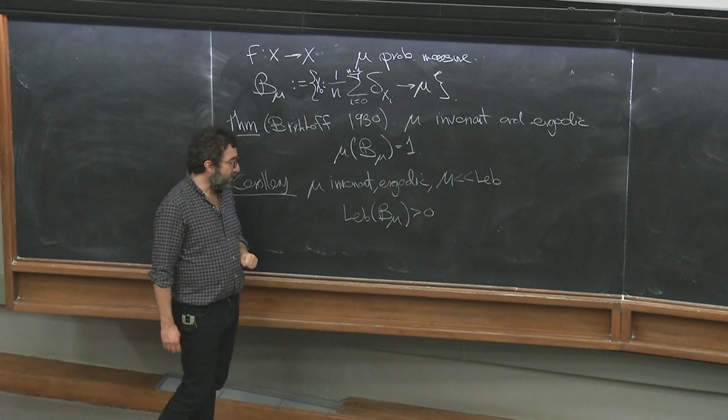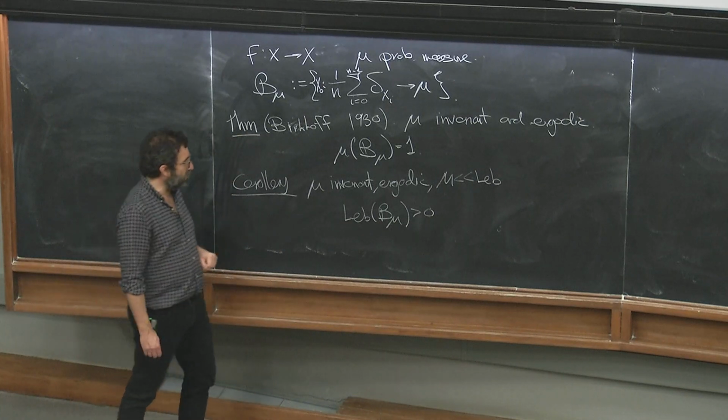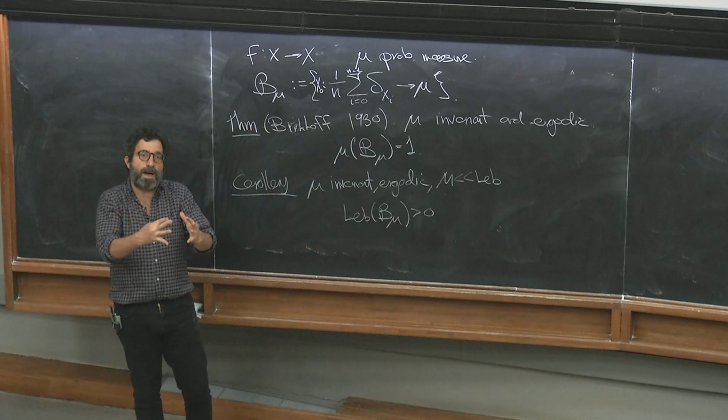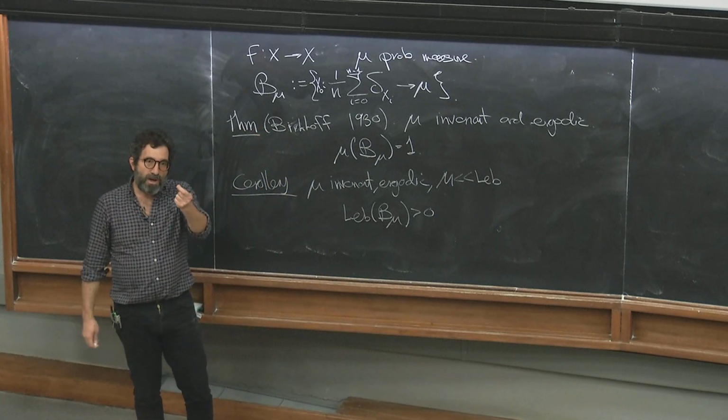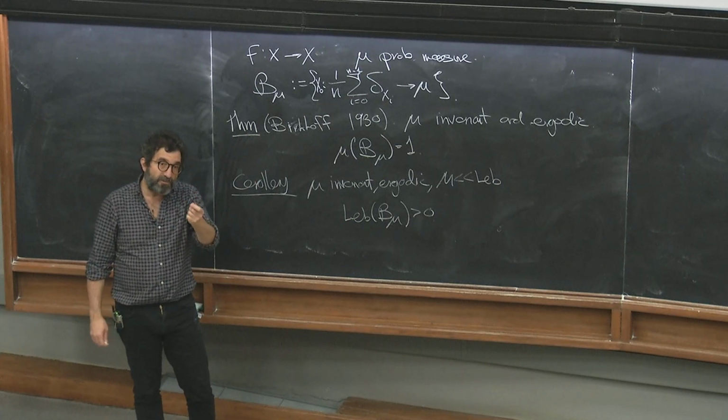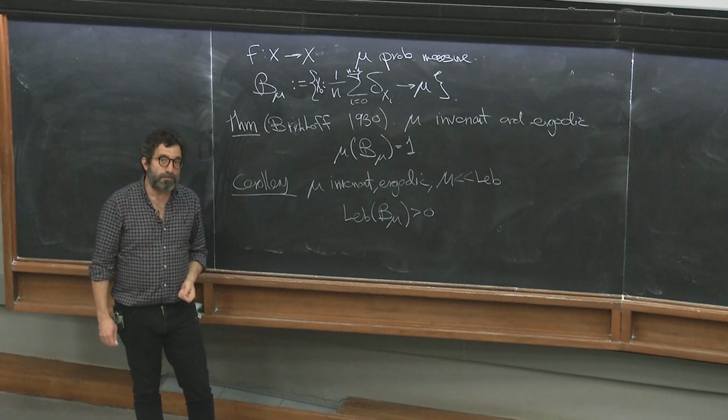This is not the only set of conditions. There are many other ways that you can have physical measures. Some trivial ones: if you have a contraction mapping, as we saw, then you have a fixed point, everything converges to the fixed point, and the Dirac delta on the fixed point is a physical measure also.